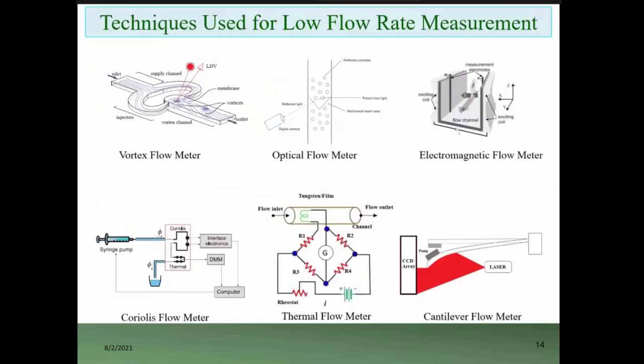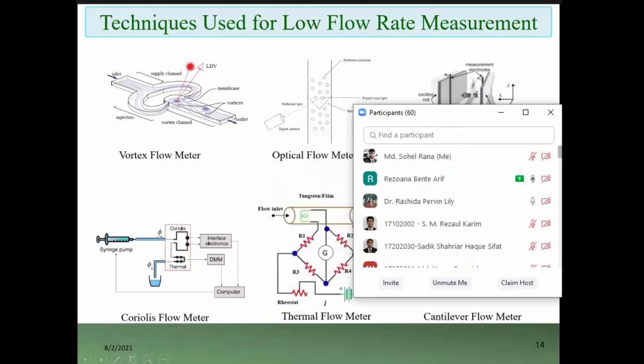Now, in this slide, different techniques to measure low flow rate in different devices are illustrated. If I start with the very first diagram, which is the vortex flow meter, the flow rate of the fluid can be measured by creating a vortex inside the flow channel.